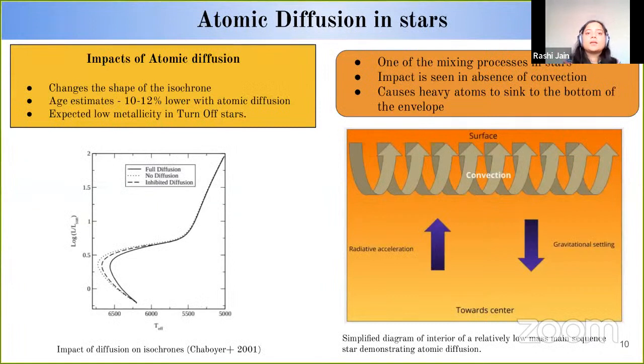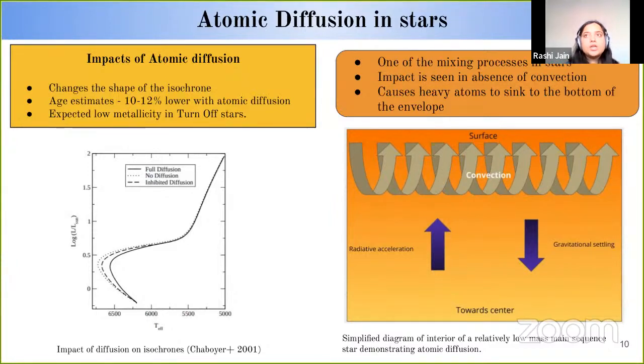In this particular study, we are focusing on atomic diffusion in stars. There are multiple mixing processes that go on in the star, convection being the most prominent one.